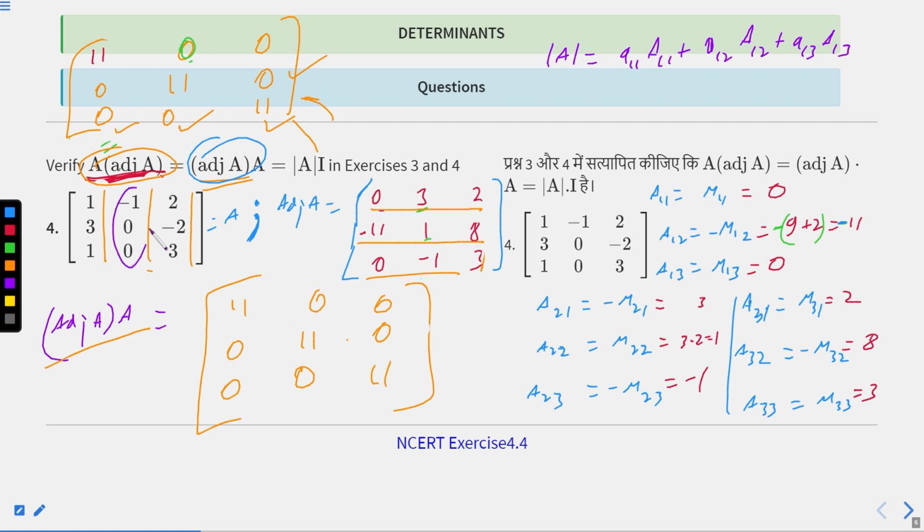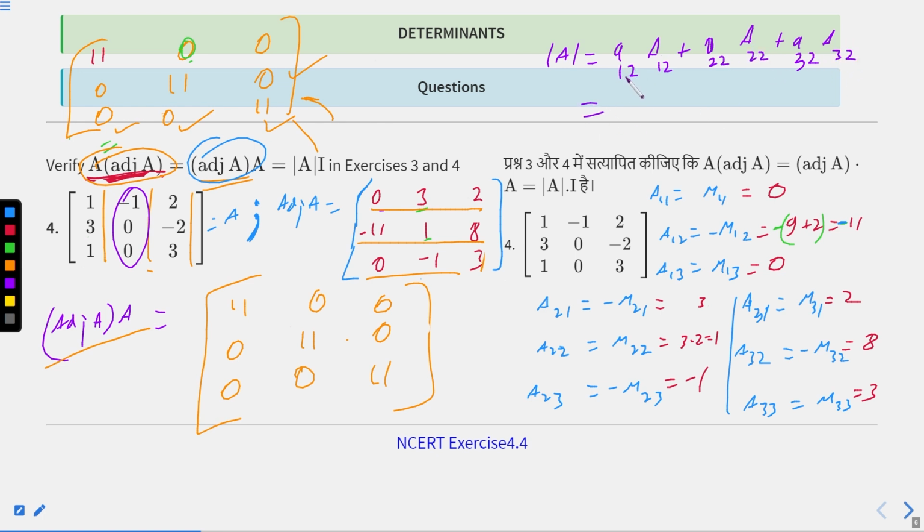I will be using the second column, because I have the maximum zeros over here. So this means A12, A22, and A32: first row, second column, second row, second column, and third row, second column.